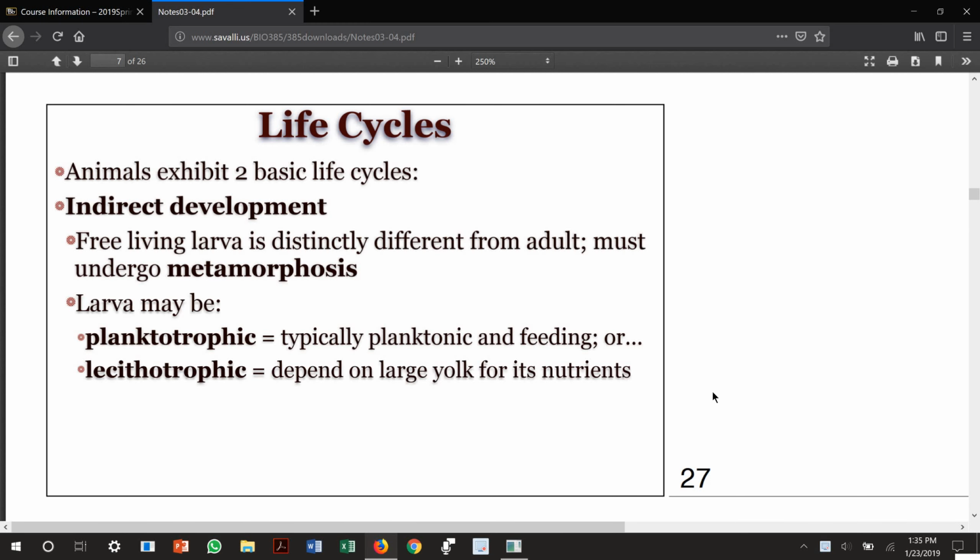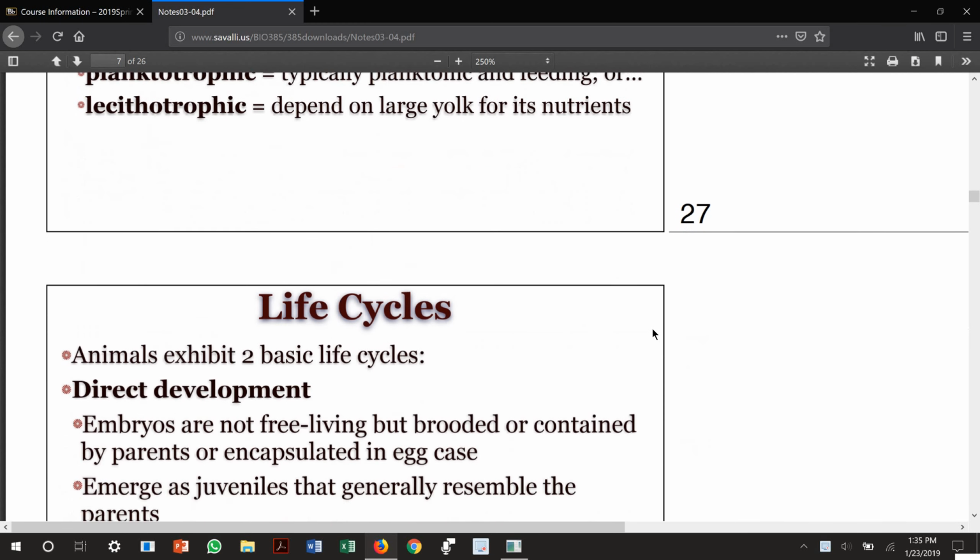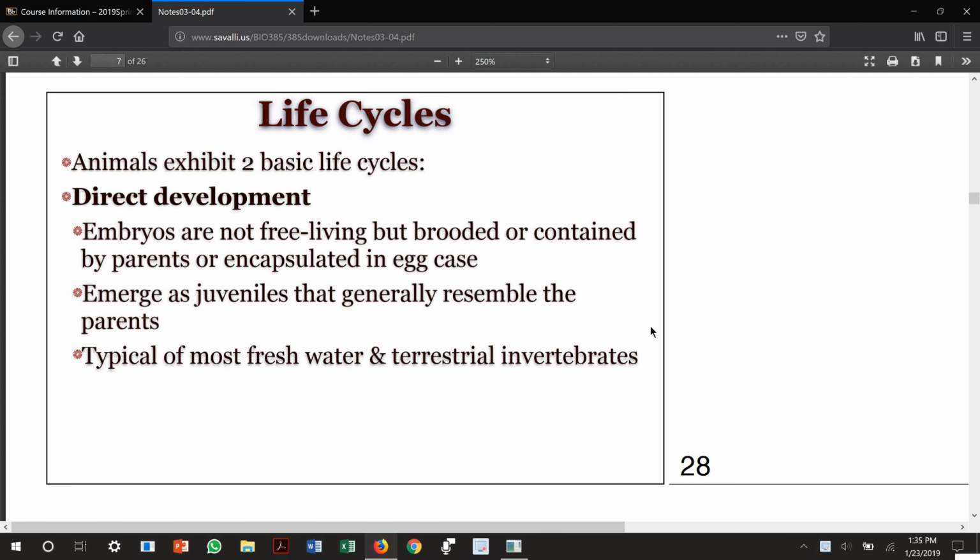All right. In contrast to indirect development, in direct development, your eggs eventually develop into a little miniature-looking adult that has basically all of the features or most of the features of the adult before it's released into the wild.